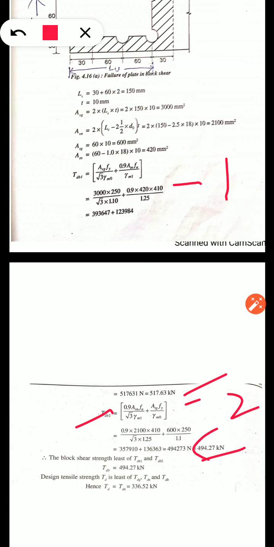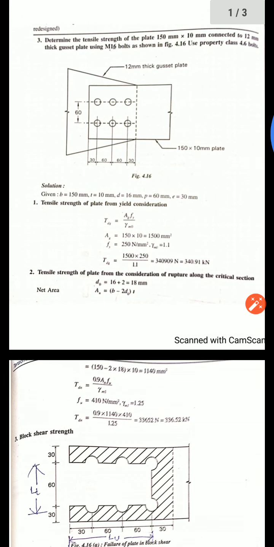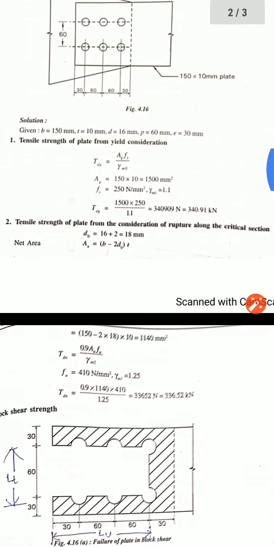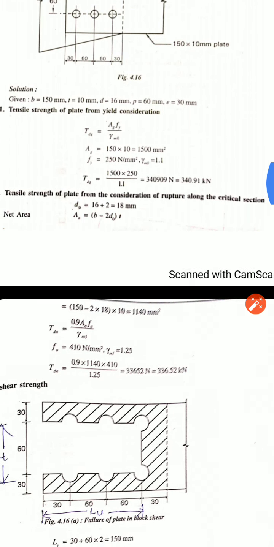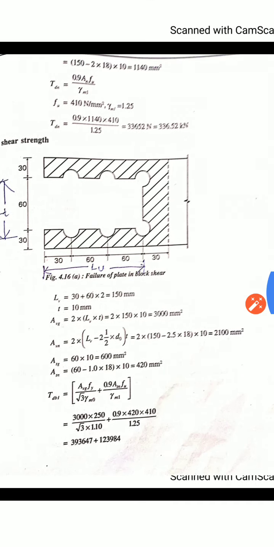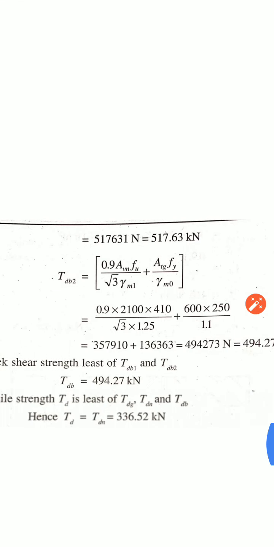So by the block shear formula, we got the tensile strength due to block shear as 494.27. This is the third strength we got. The tensile strength is the least of the tensile strength due to yielding, 340.9 we got, the second one, tensile strength due to rupture, we got 336, and the third one, block shear, out of the 2 we got the minimum as 494.27.